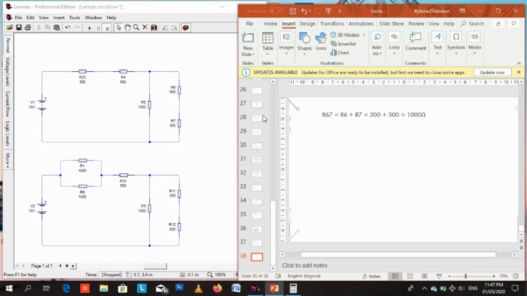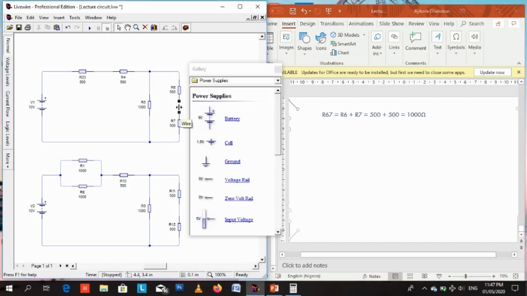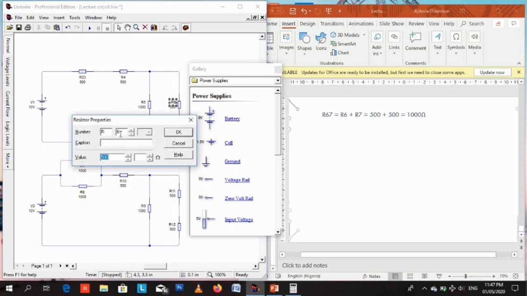So we can still simplify this circuit further. Let's delete the center one, drag this one downwards a bit, drag it upward to align, connect, complete the circuit, double click. So this is R67. R67 is now 1000 ohms.